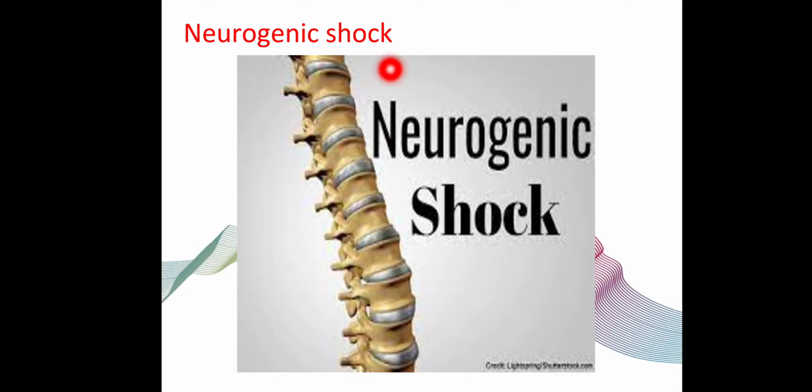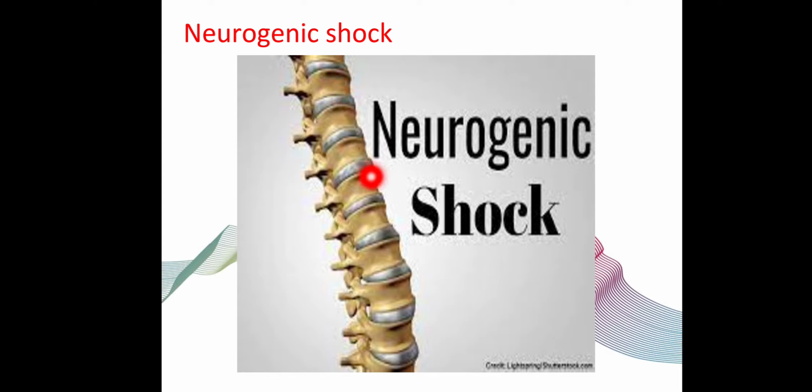And the last one is neurogenic shock. Now neurogenic shock occurs whenever there is damage to the spinal cord due to any reason. It may be due to some injury, or it may be due to spinal anesthesia, or whatever may be the reason.